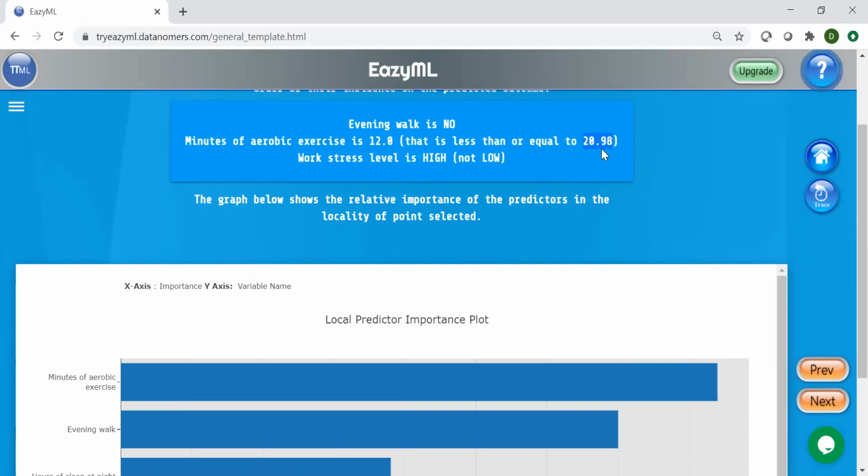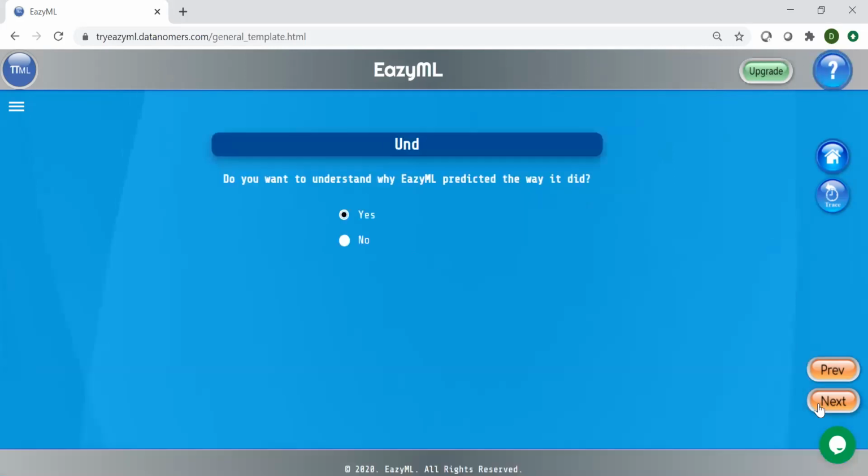For others, maybe 10 minutes, 12 minutes, 15 minutes does it, but for you, it seems from your training data that you need to at least exercise for 20 minutes. See, those are the key things that machine learning gets you on this EazyML platform. Hope you understood the power of what machine learning can do in terms of providing critical insights.